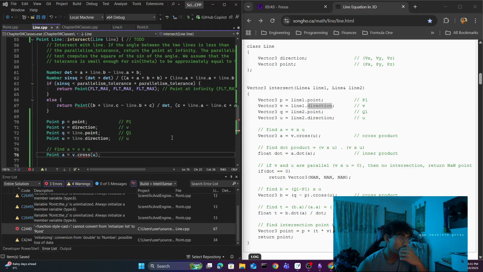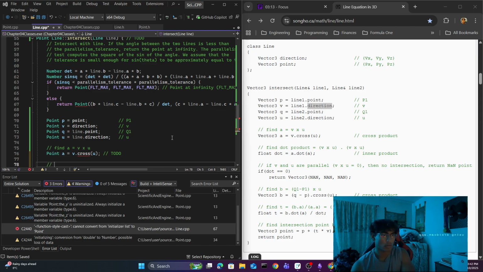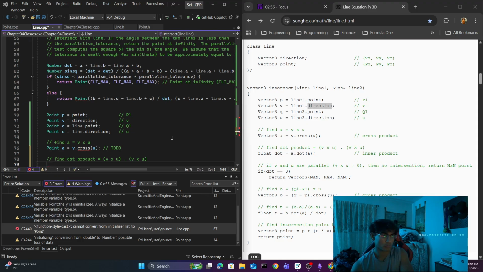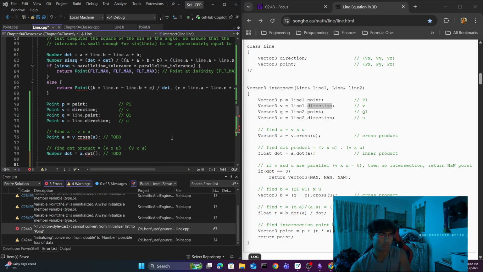We don't have cross. How do you make a prototype function?